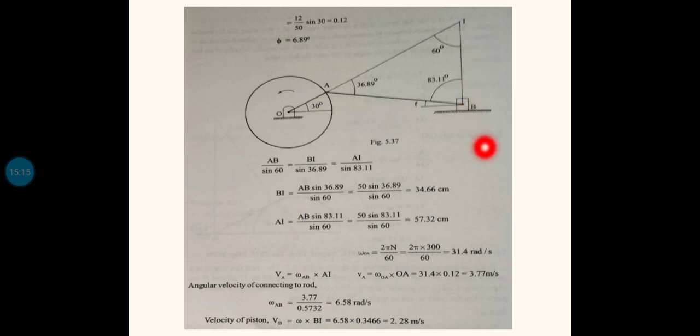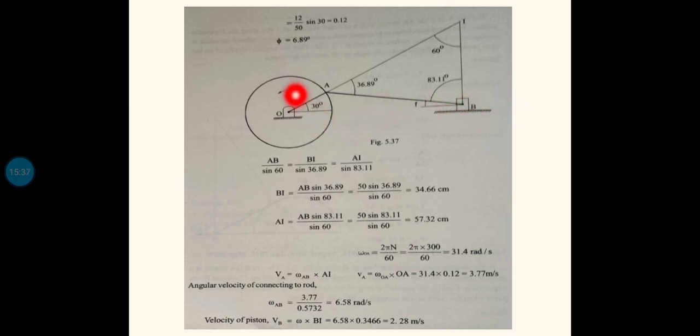To locate the instantaneous center, what we need is, at least we should know the directions of two velocities. So first think about the velocity of the point B. See, this B is actually in the piston, so point B is within the piston. So the piston will always be moving to and fro along the horizontal direction.